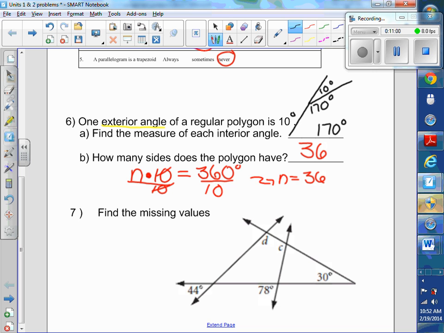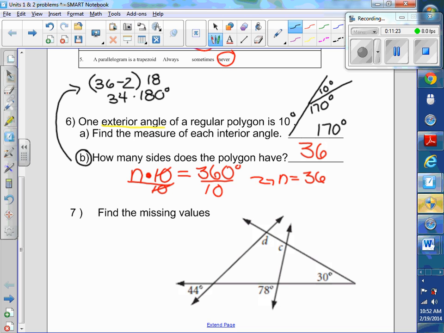You need to have a method. If I'm comfortable that there's 36 sides, I could use the equation: 36, take away 2 triangles, so 34 times 180. So that's one way. Or you could do 36 times 170.